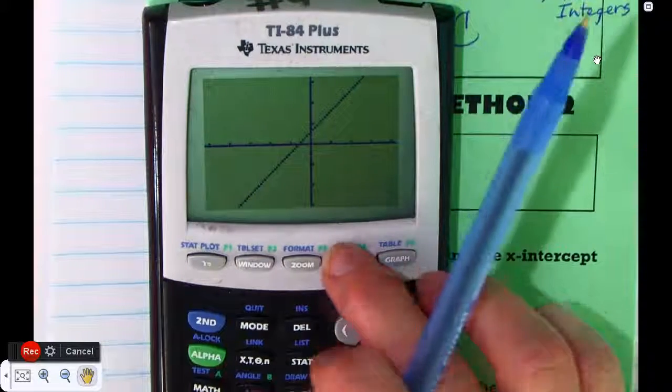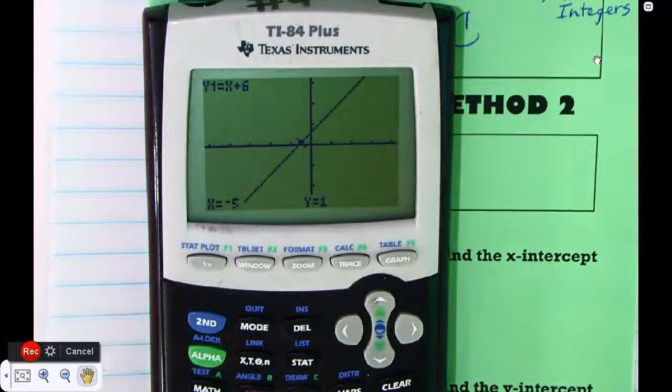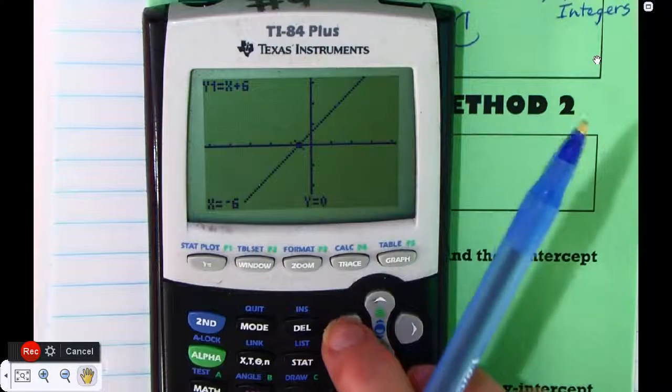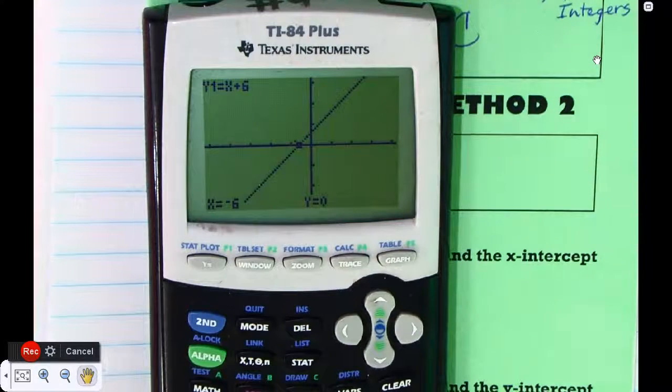Now hit trace again. And probably going to have to go, there you go, go one more time. So negative 6, 0 is our x-intercept. You can say negative 6, 0, or you can just say negative 6. That's our x-intercept.